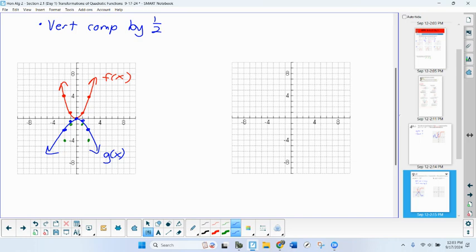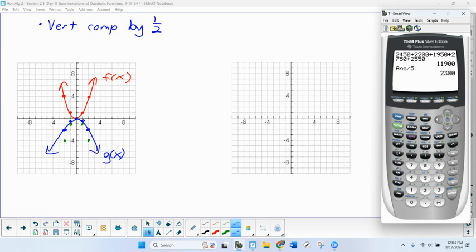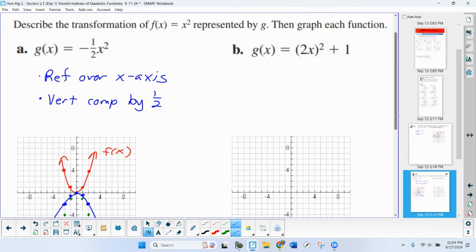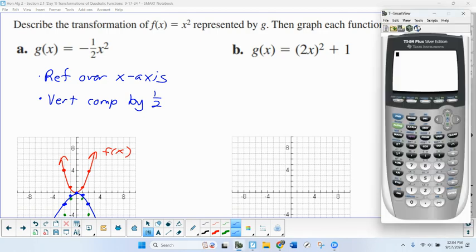Now, if you don't remember how to do that, let's go to our graphing calculators real quick. In your graphing calculator, you can go to y equals. Now, this is important. When you are graphing your statistics with your list, your plot has to be on.